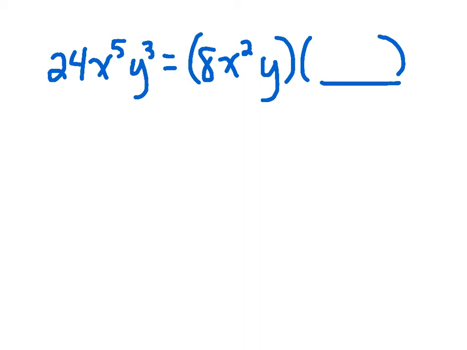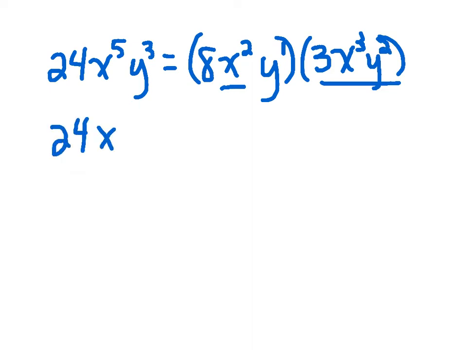Some kids just like to say, well, what's missing? 8 times what gives me 24? Everybody knows 8 times 3 is 24. X squared times what gives me x to the 5th? Well, when I'm multiplying, I'm adding exponents. So I have 2 already, I need 3 more. Y to the first times what gives me y to the third? So that's y to the second.